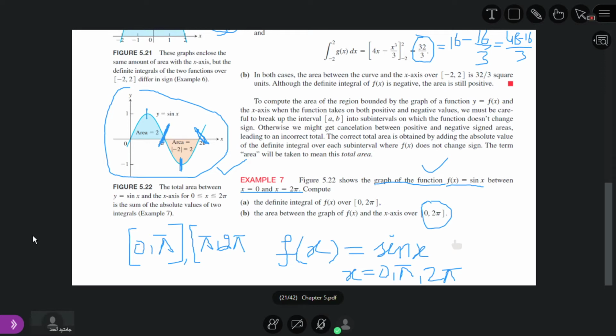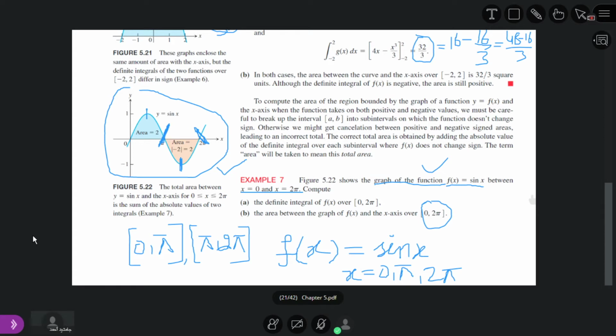So we have the following two sub-intervals: from 0 to pi, and pi to 2 pi. We will find the definite integral on these two sub-intervals, and we will take the absolute value of these integrals, and then sum these absolute values. So we will get the area between the graph of the function and the x-axis over this interval.